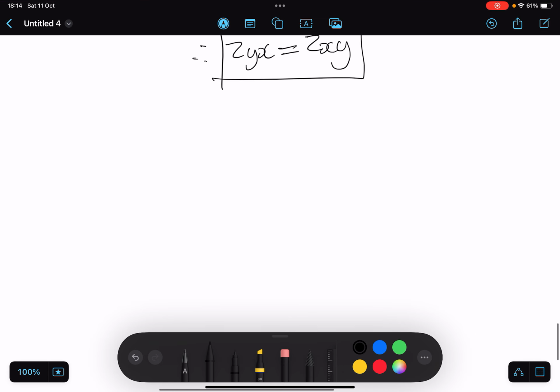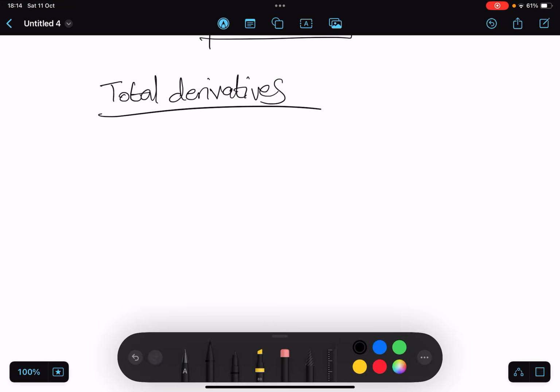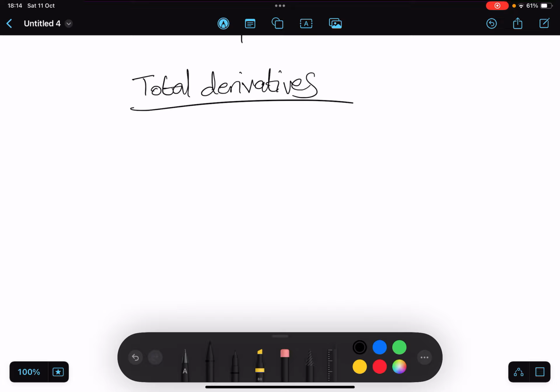So now we are going to move to a different concept, whereby now we are applying the principle of partial derivatives. I want to talk about what we call total derivatives. With total derivatives, this is how we represent it.